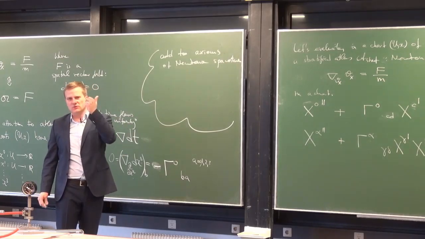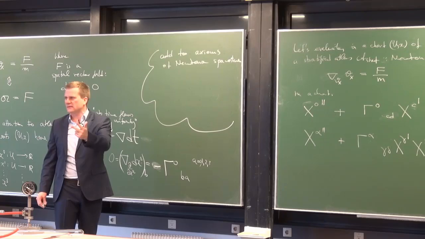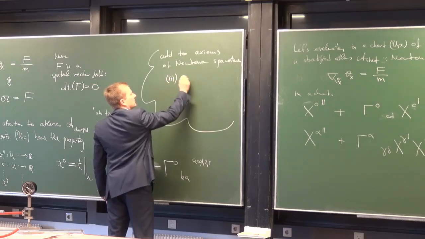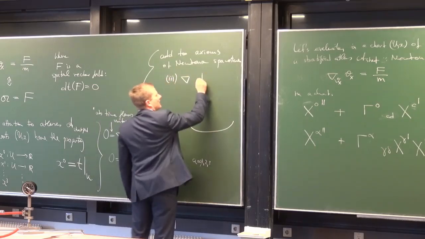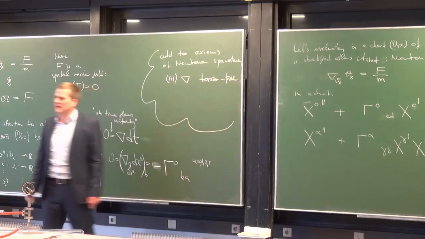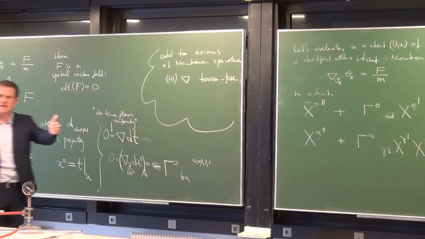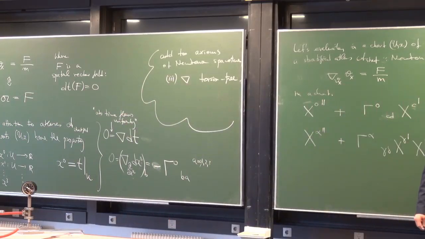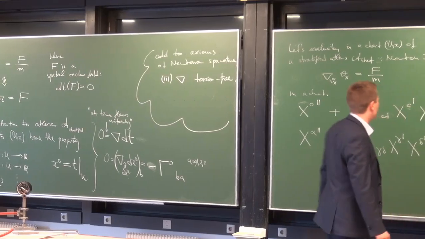I made a postulate on the compatibility of gamma and t, nabla and t, namely nabla dt is always 0. And the third one, I forgot, is a postulate on the nabla alone. Nabla is torsion free. I'm sorry, I forgot that. Nabla is torsion free. One condition on the absolute time, one condition on the covariant derivative, and one compatibility condition between the two. I'm sorry.